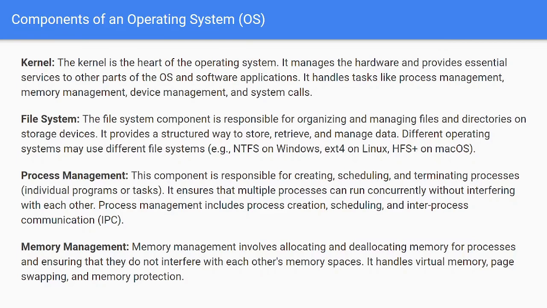And different OSs have different file systems. We have NTFS for Windows, we have ext4 for Linux, and HFS Plus on the Mac OS. So you can dive more and understand this file system better.